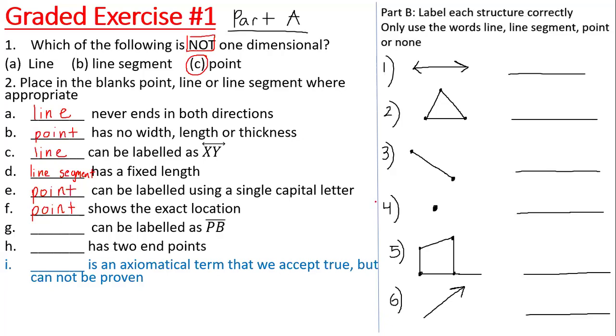Rashadane, can be labeled as PB. Line segment. Very good. Let me just put LS for line segment. Patrick, has two endpoints. Line segment.